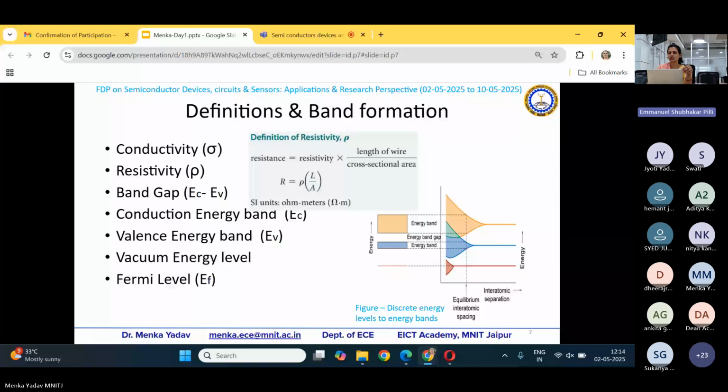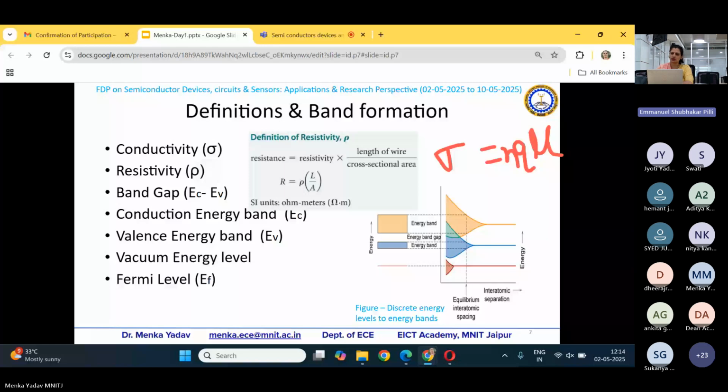Conductivity of the material is defined as mobility times the charge. For example, let's say it is an N type semiconductor. You can represent the total charge by nq, and then mu n is the mobility. So this is the conductivity. If it is P type material, you can put it like pq times mu p. So that is the conductivity. Resistivity is nothing but 1 upon conductivity. Resistivity is defined as 1 upon conductivity.